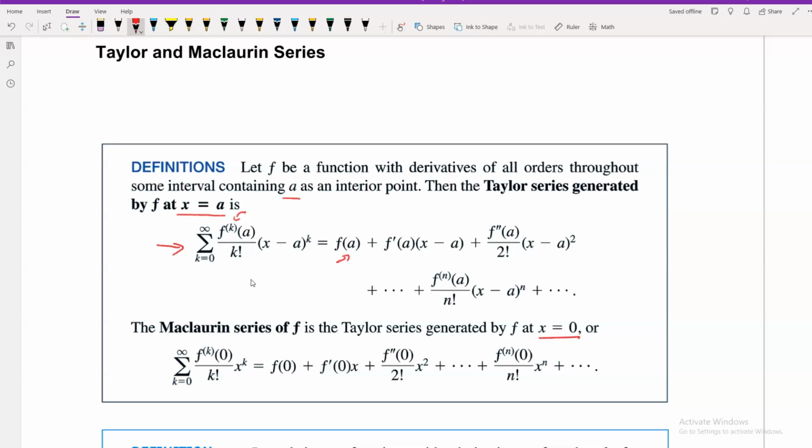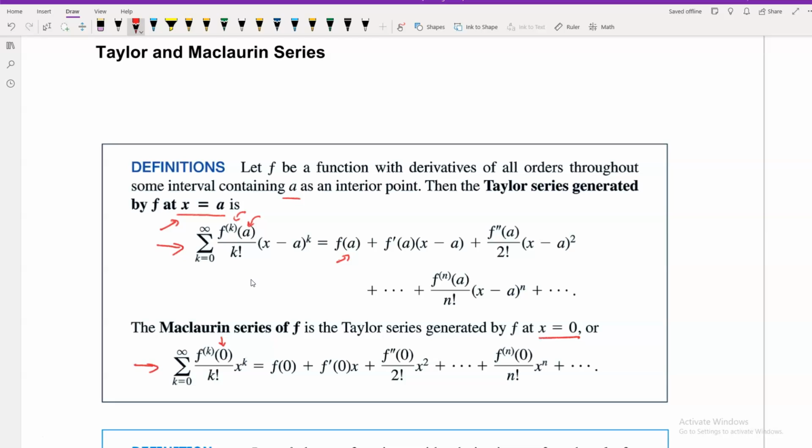And what we have for the Maclaurin series of f is the Taylor series generated by f at x equal to 0. So on top we had x equal to a, now on this part we have x equal to 0. Here, the sum of the kth derivative at 0, instead of a that we had on top, divided by k factorial multiplied by x to the kth power.